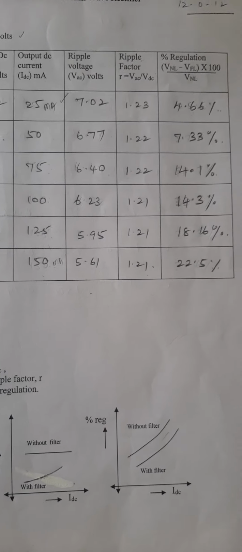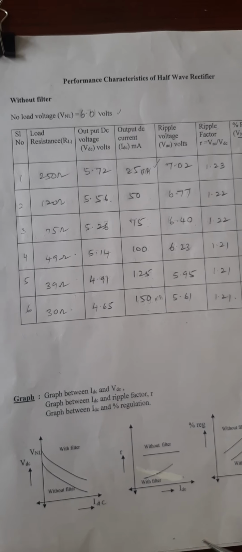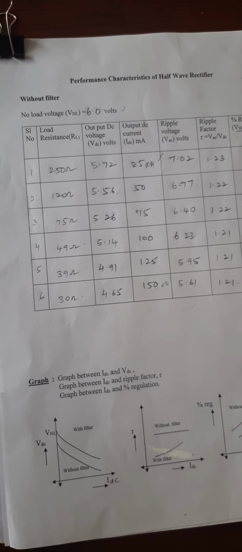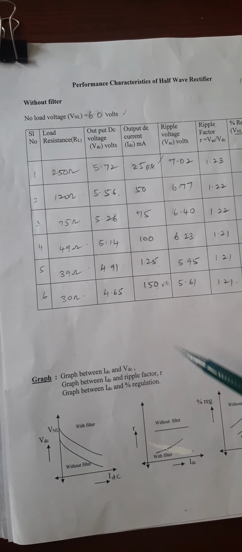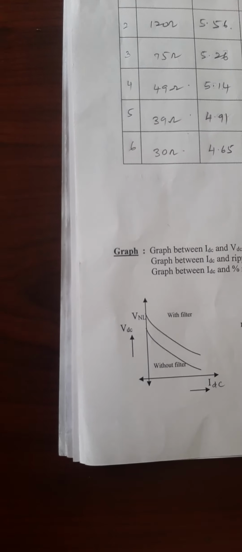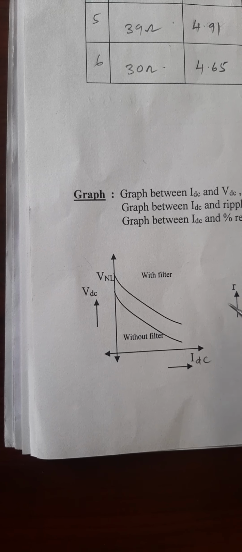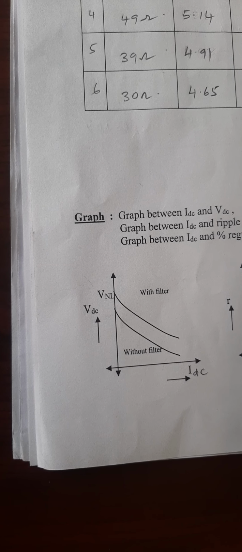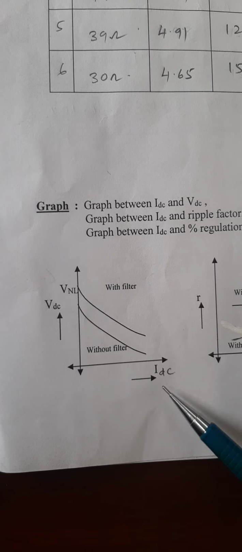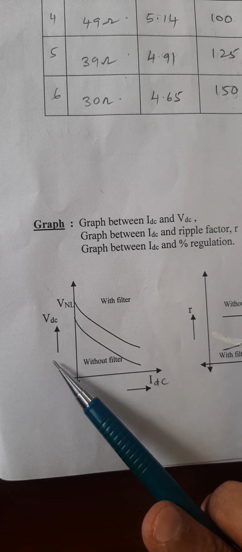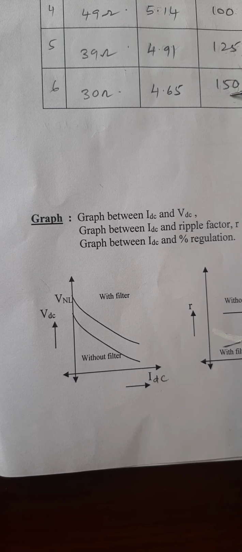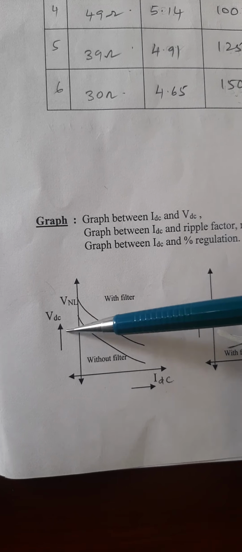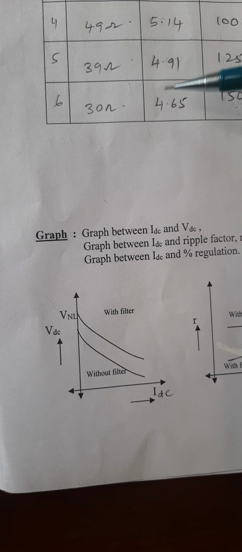Now what you have to do is plot the graph with and without filter. We have done the experiment without filter. You can see the graph here, with filter and without filter. For the first graph, IDC versus VDC, the IDC value is 25 milliamps to 150 milliamps, and the corresponding VDC value is 5.7 to 4.65.